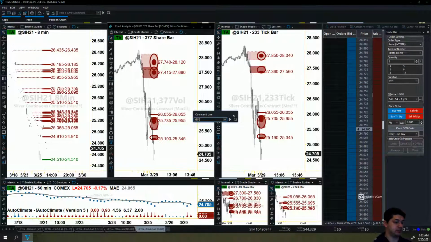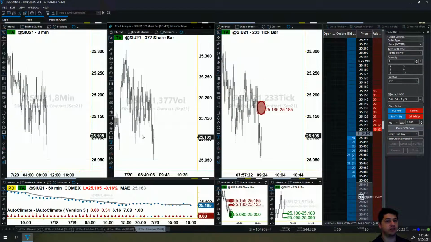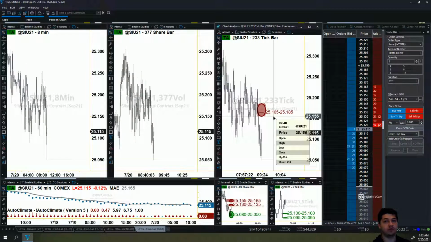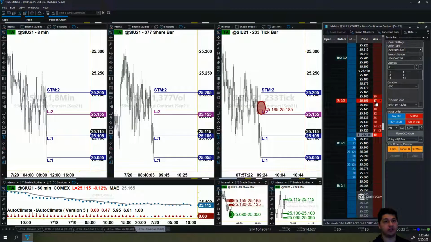at SIU 21. Never hurts to check these. You might think to yourself, oh, I know what it is, I don't have to look. Definitely always look. All right, and we do have a UFO on silver right there at 25,155. So we could actually put this trade on right there with a stop of 190.